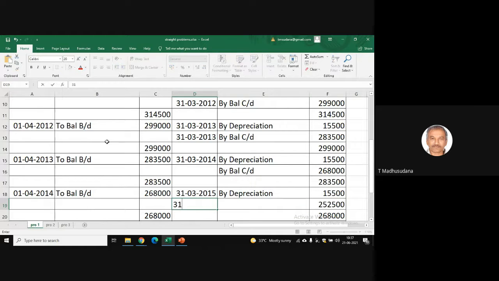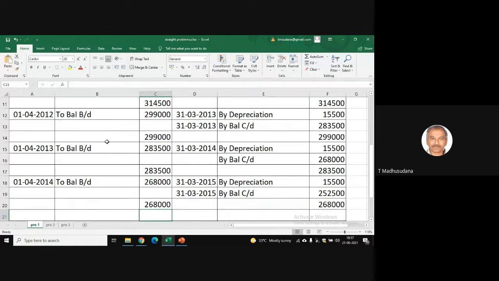Date 31/3/2015, by balance carried down. Next year first date 1/4/2015, to balance brought down.